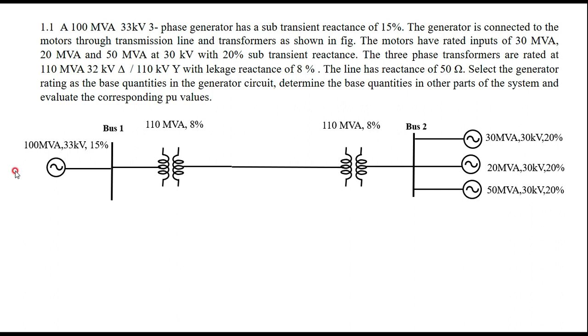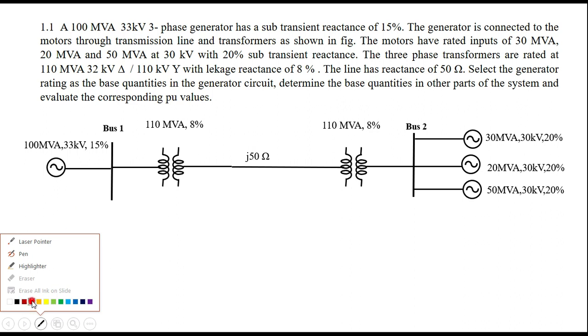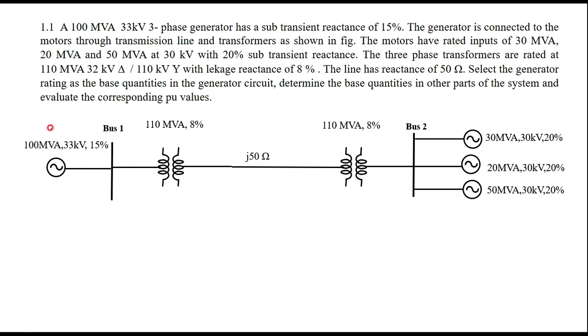Then you look into the capacity of the generator. It is 33 kilovolts. Therefore, it is better to have 32 kilovolts towards the generator side.